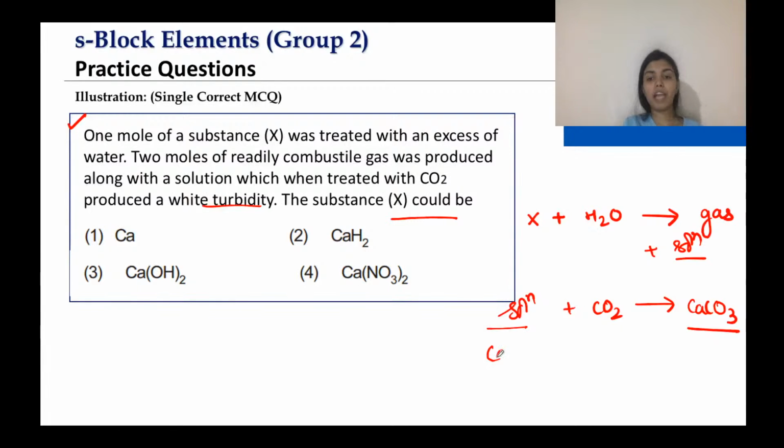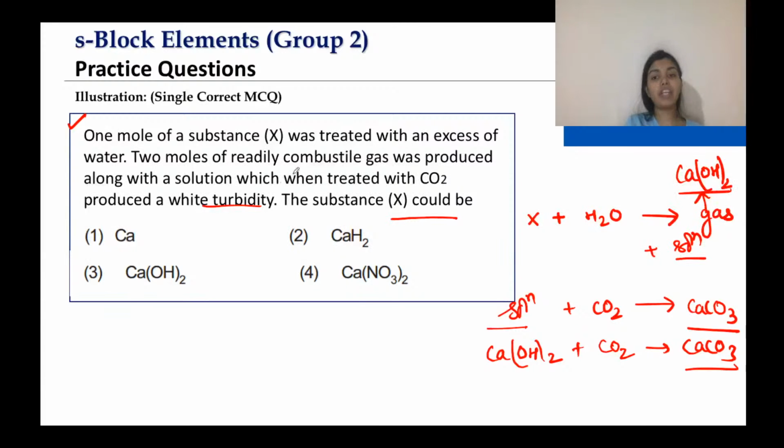So here we know that calcium hydroxide plus CO2 will give you what? Calcium carbonate. That means here it should be what? Calcium hydroxide. And what is a flammable gas? Hydrogen gas, right? So solution is calcium hydroxide and hydrogen gas. So now what should be X?